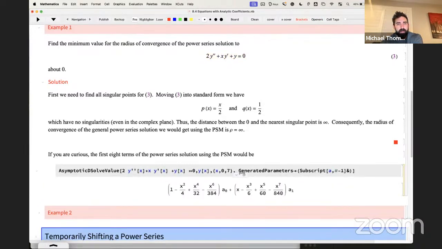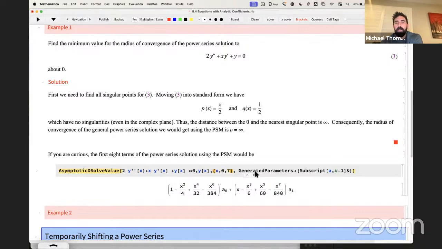And this asymptotic DSolve value will tell us the power series solution up to a specific degree that we tell it. And so here's the second order differential equation. We're solving for y. The independent variable is x, the center is 0, and we want the solution up to degree 7.